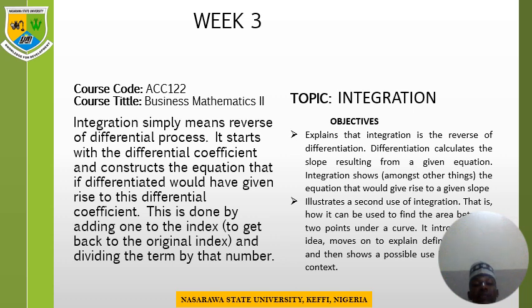So the main objective of this topic is to explain that integration is the reverse of differentiation. Differentiation calculates the slope resulting from a given equation. Integration shows, among other things, the equation that was differentiated to give a slope.